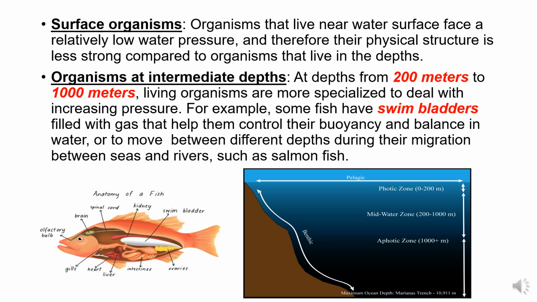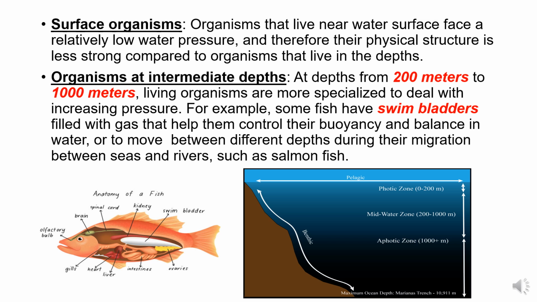The organisms living at this depth are more specialized to deal with the increase in pressure. For example, tell me an example of this organism. What is different in their structure? They have a swim bladder, which is filled with gases that help them to control their buoyancy, as you can see in this picture. What is the function of the swim bladder?